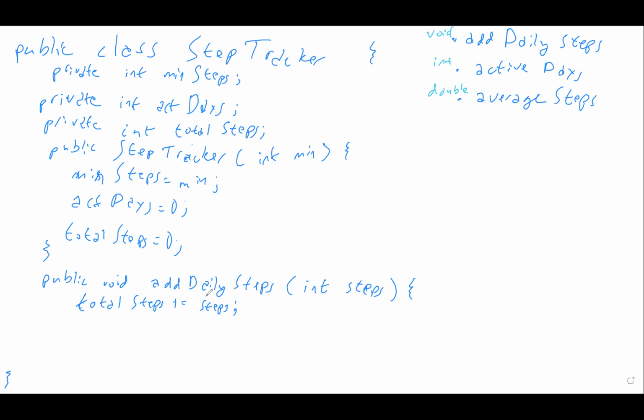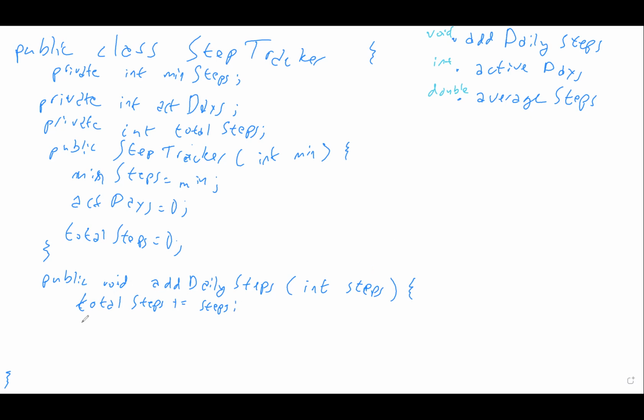Okay, but don't we do that in the active days method? So active days is just going to return the value of this variable. Oh, so we do it here and then just return. We'll do it in here and add to active days if this number of steps qualified as an active day. Okay. So we want to check if this number of steps met that minimum number.